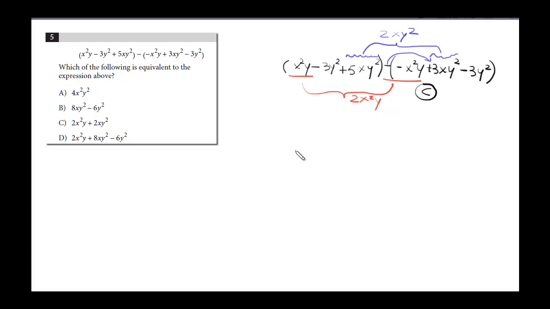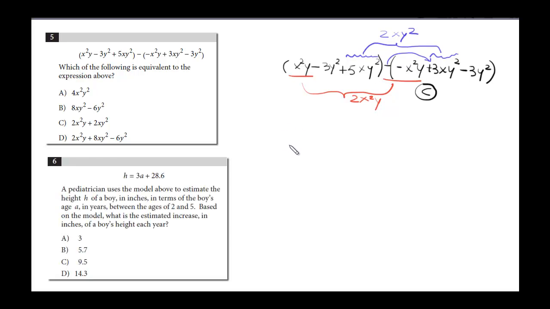If we look at number 6, we are told that H is equal to 3A plus 28.6. So it's a linear dependence between H and A. The pediatrician uses the model above to estimate the height H, the height of a boy in inches, in terms of the boy's age A in years between ages 2 and 5.